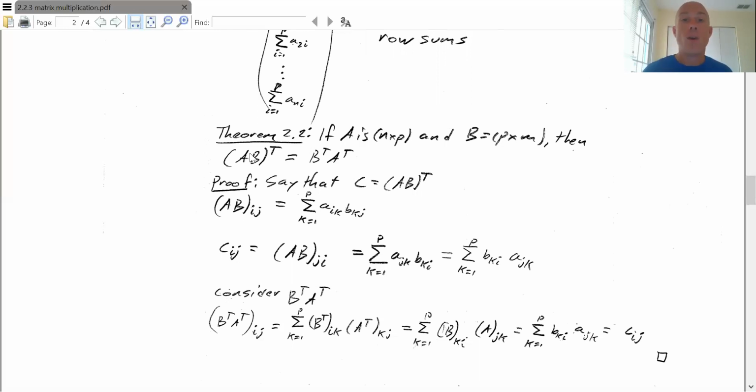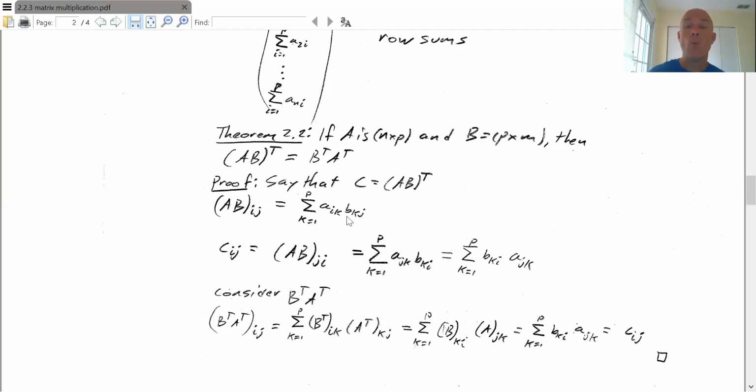Okay, how do we prove this? Well, the entries of A times B, using the formula that we've already looked at earlier in the video, is going to be the sum, k goes from 1 to p, of a_ik times b_kj. So remember, when I do the summation formula, I'm matching the column position to the row position. And then i and j just match here. So I'm adding up over k.